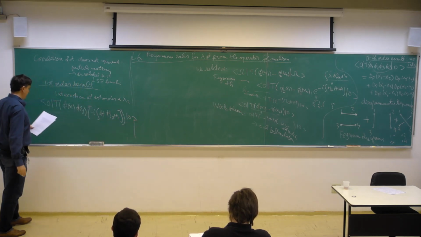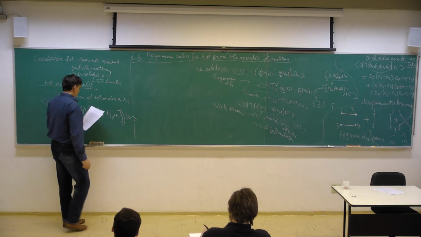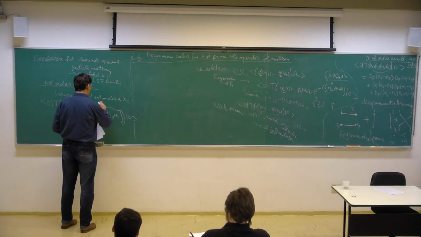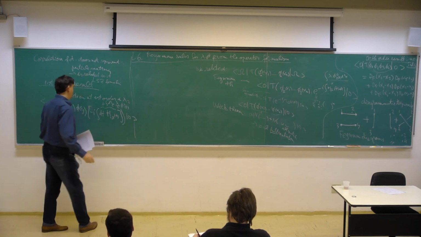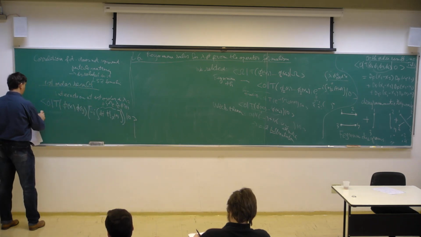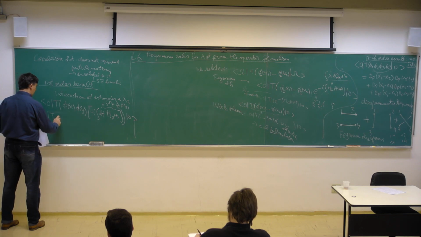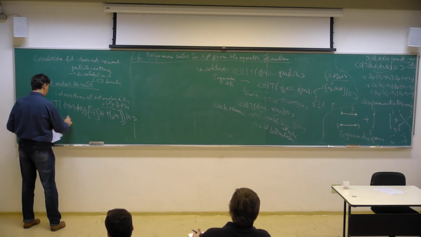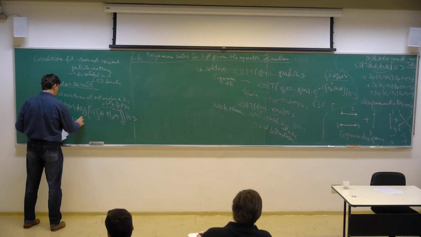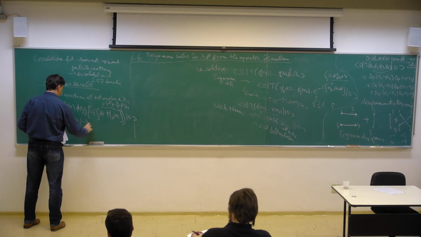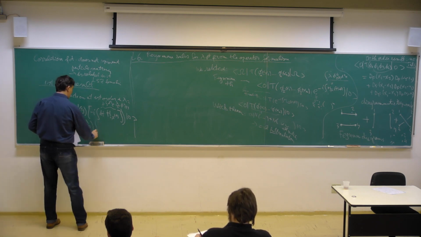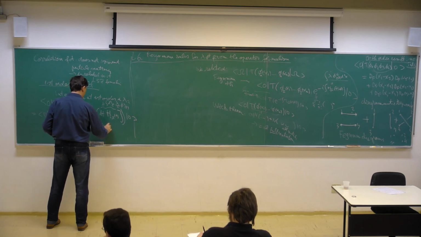Okay? And as I said, this thing is itself equal to the integral d4z of lambda over 4 factorial, phi to the 4 of z. Okay? So, what I mean by this is T of phi of x, phi of y, minus lambda over 4 factorial, integral d4z.